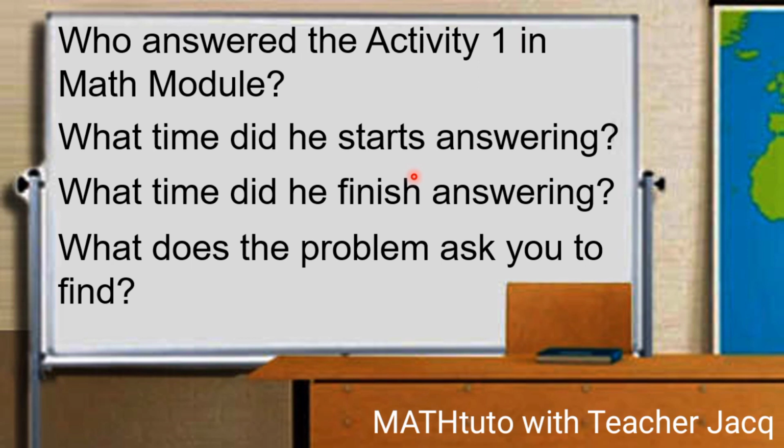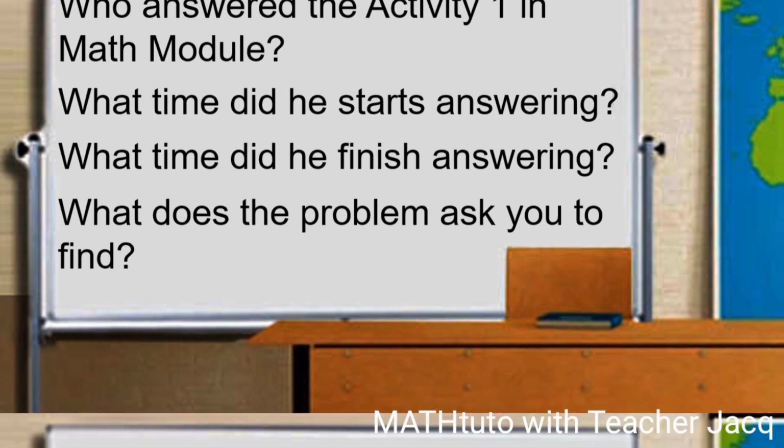Correct. The problem asks you to find the number of minutes consumed by RJ in answering his activity 1 in math module. So, we are looking for the elapsed time.